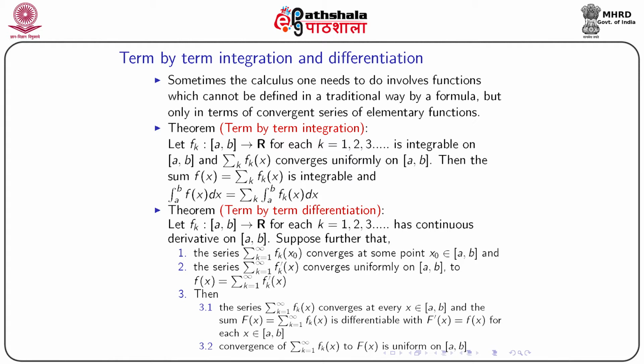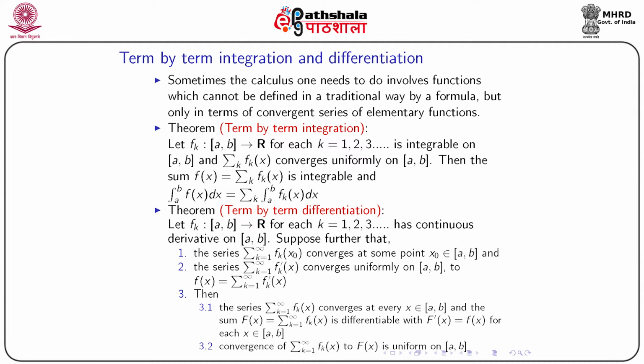Suppose further that the series sum over k from 1 to infinity f_k(x_0) converges at some point x_0 which belongs to the closed interval [a, b], and the series f_k'(x), the first order derivative of the function f_k(x), converges uniformly on that closed interval [a, b], and f(x) is the sum over k from 1 to infinity f_k'(x).